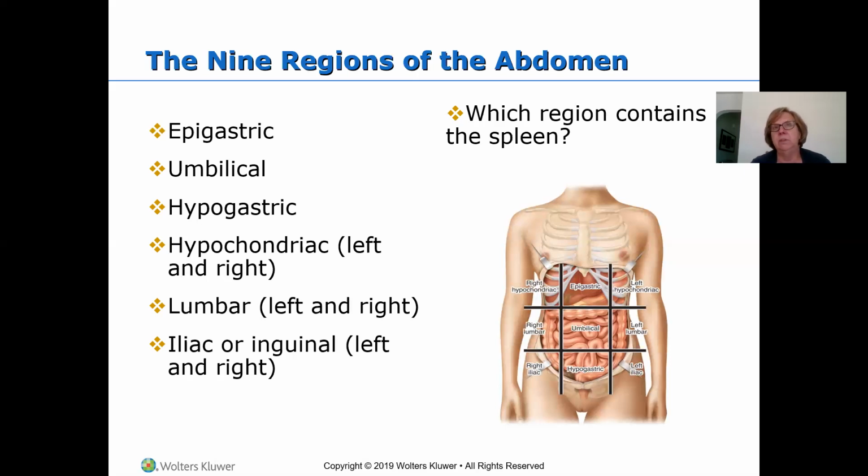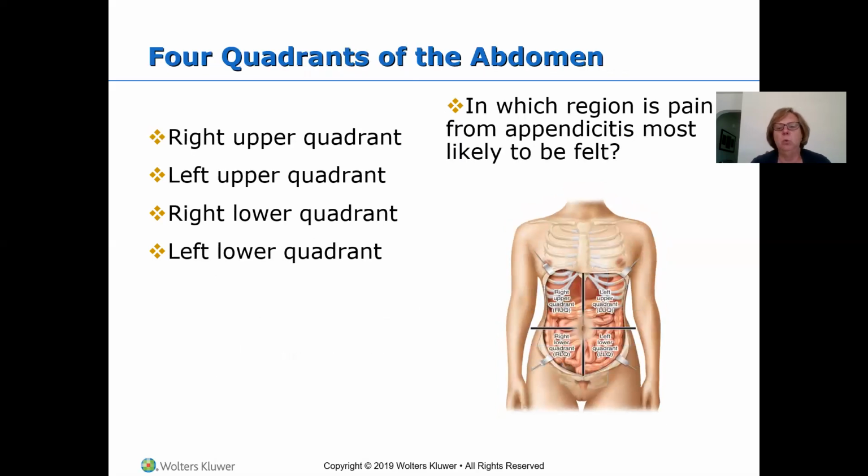So if you need to describe a particular area where a patient might be indicating pain, you would define it according to one of these 9 areas. And then we have 4 quadrants. Again, the same idea: you would be identifying an area based upon which quadrant it was in.